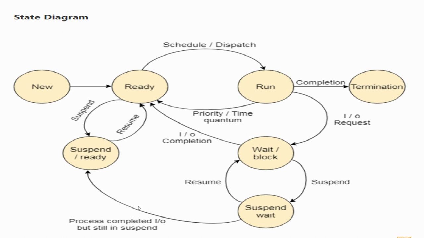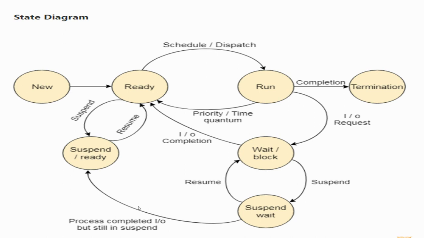So this long-term scheduler plays a very important role in selecting which process will come and spend its time with the CPU. Once the process is selected by the long-term scheduler, it enters the new state, which means that a process has been created.